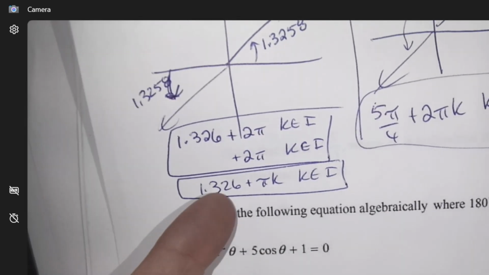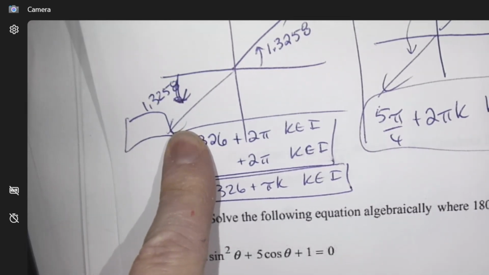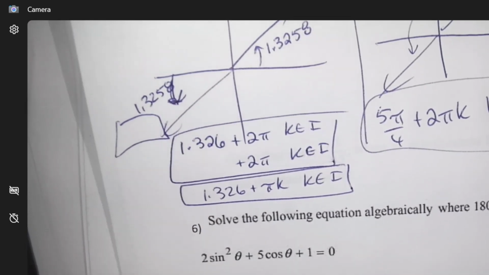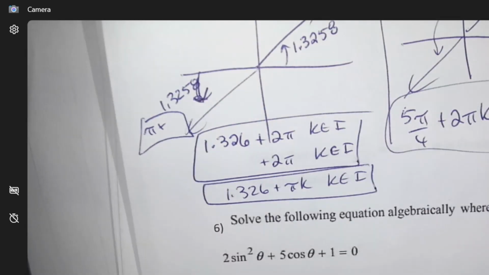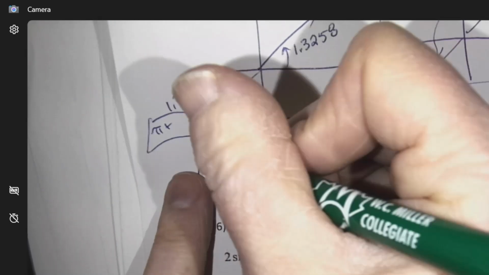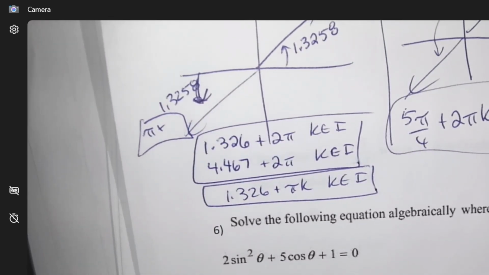But I wanted to practice, how do you get this actual position here? What do you do to your value? Pi plus. So I just wanted you to practice that value.